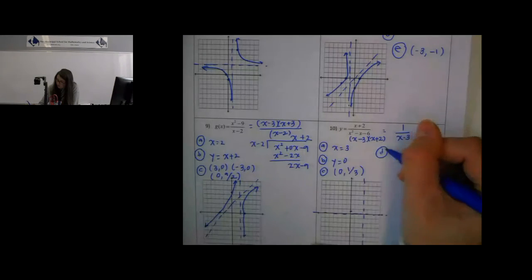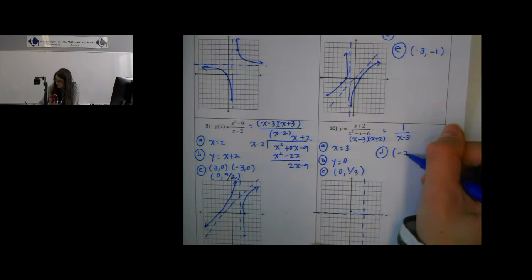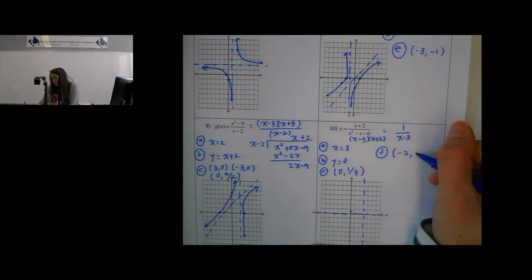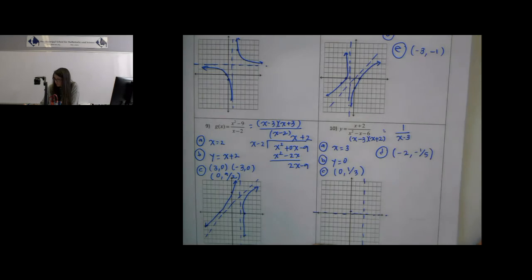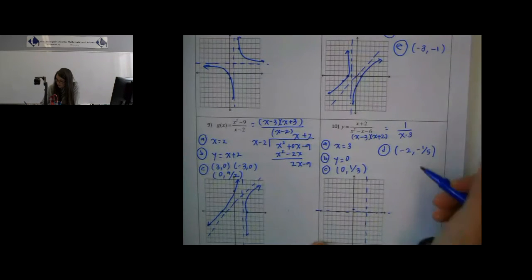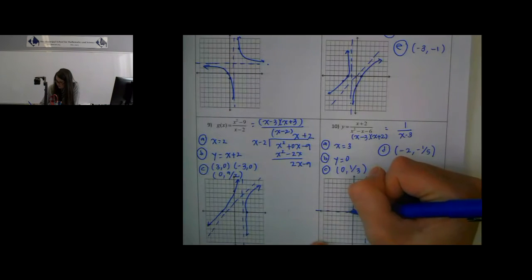We do have a hole. We have a hole at negative 2. So when I plug that in there, I will get negative 1/5. So at negative 2, we're going to be at negative 1/5.